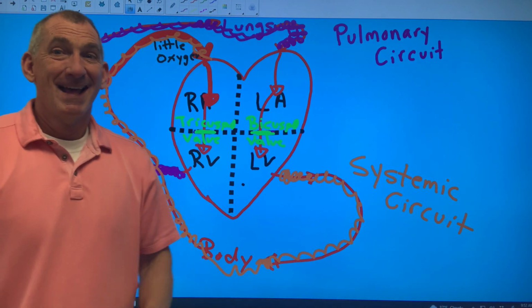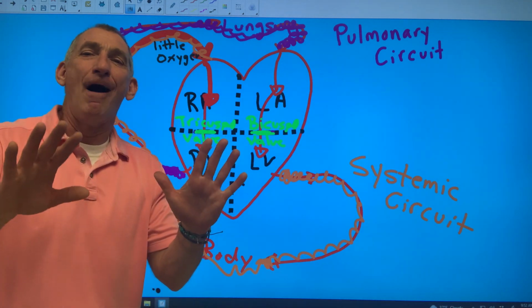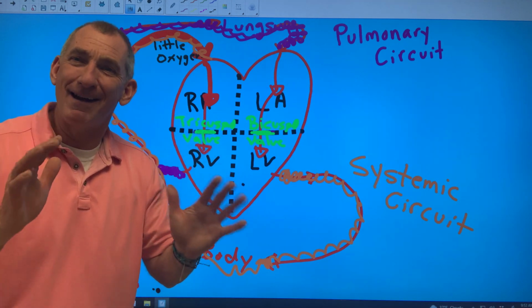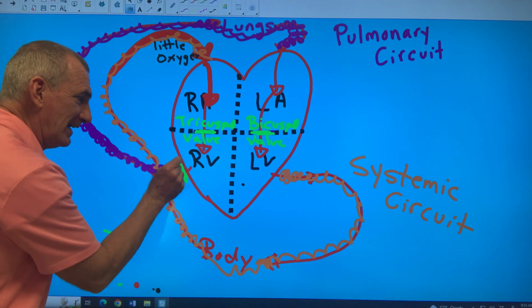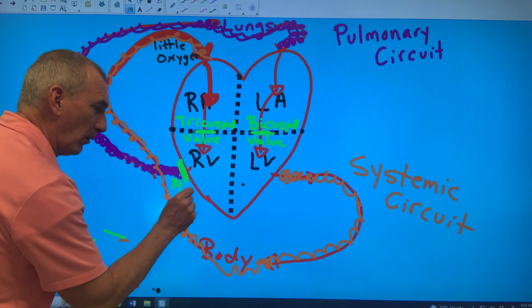All right, they did it easy for us. They said any valve that deals with the pulmonary circuit is a pulmonary valve. So that means this door right here outside the right ventricle is going to be a pulmonary valve.